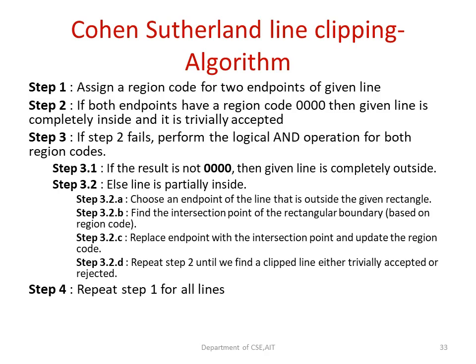When the line is partially inside, we choose the endpoint that is outside the given rectangle, find the intersection point with the rectangular boundary, assign the region code and update the values. We repeat this until the line is trivially accepted or trivially rejected.